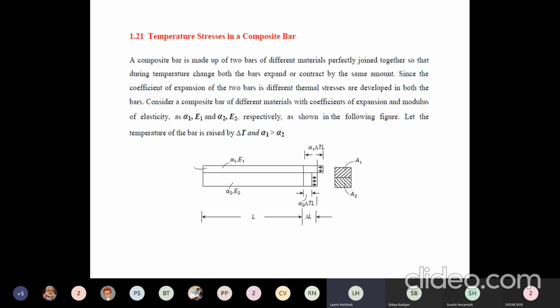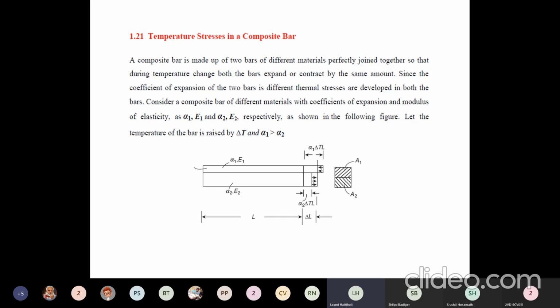To get to the equilibrium line for material 1, I should apply a compressive force from the top, as you can see here. Similarly, for the bottom, to get to the equilibrium line, I should apply a tensile force so that it will bring it to the equilibrium position. That means for material 1, I am applying a compressive force, and for material 2, a tensile force. But do remember, since it is an equilibrium, on both sides I am applying P, so the P for both cases remains the same.